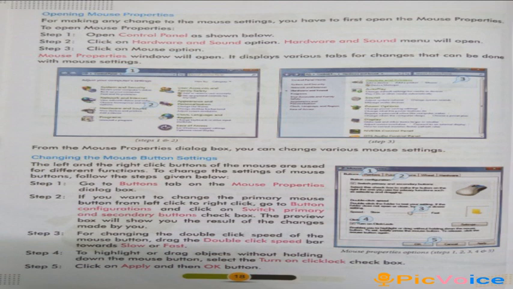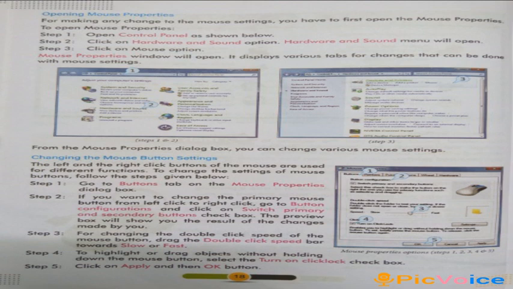If you want to change the primary mouse button from left click to right click, go to Button Configuration and click on Switch Primary and Secondary Buttons checkbox. The preview box will show you the result of the changes made by you.